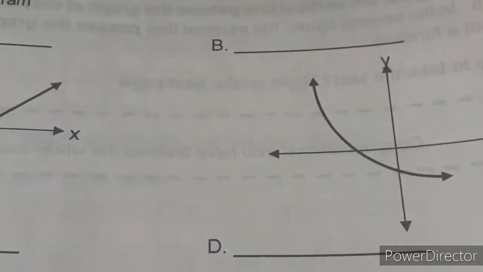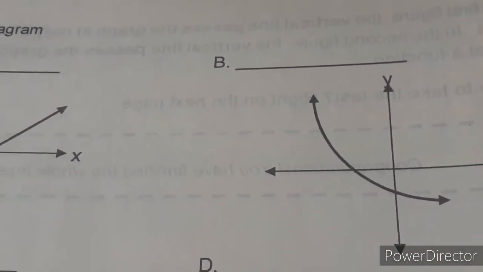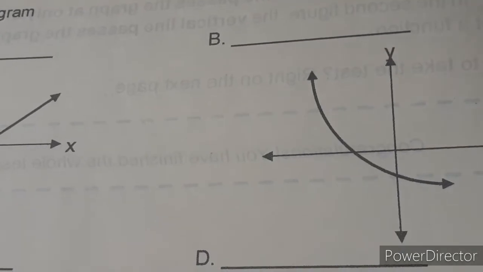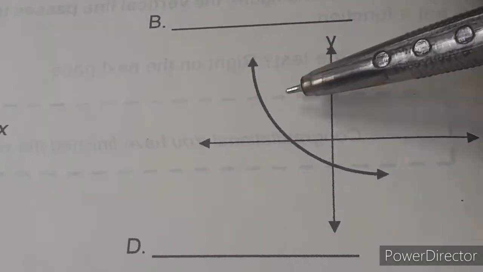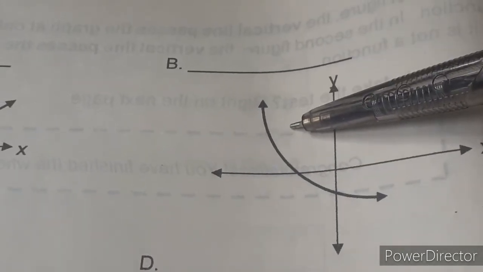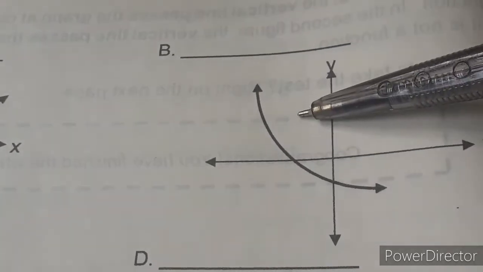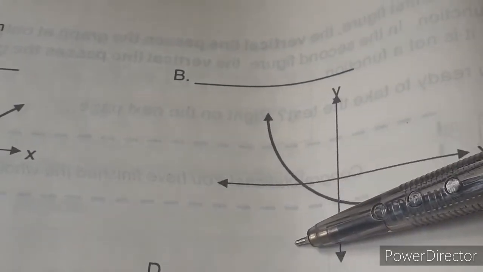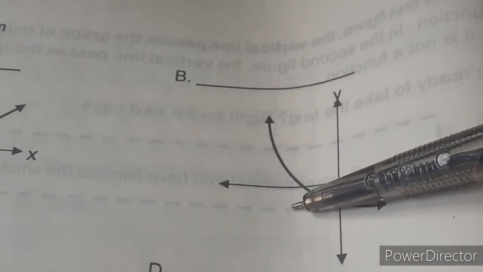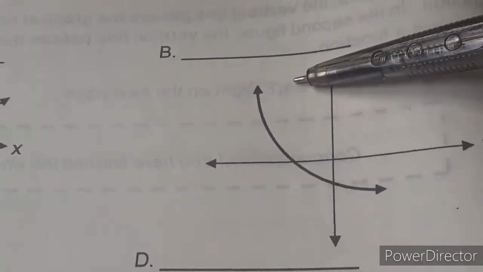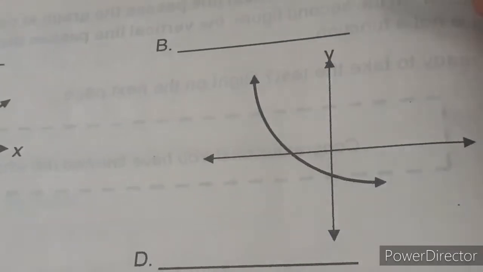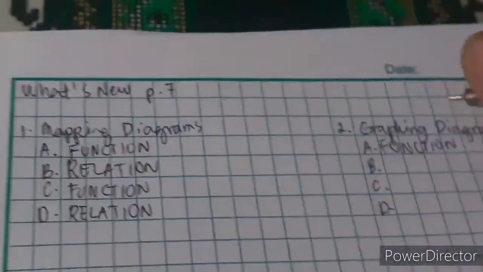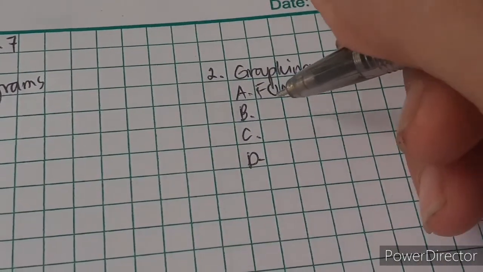For letter B, once again, we do the vertical line test. We draw an imaginary vertical line, and since it will only intercept the graph at one point, therefore this is a function.